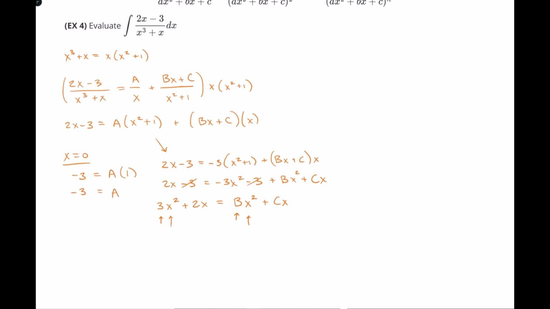Well, that actually kind of makes it look almost trivial, and it almost is. In this case, b has to be equal to 3 because that's the only way for the x squared term to match up. And the same is true for c. So here I can very quickly determine that c has to be equal to 2 because I need something times x, and over here that's supposed to be equal to 2x.